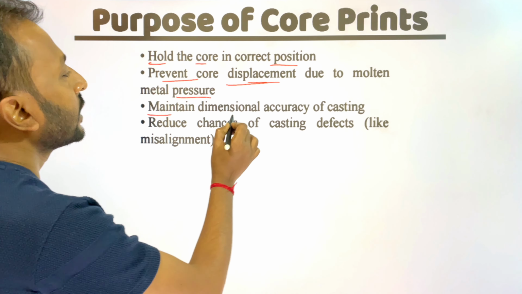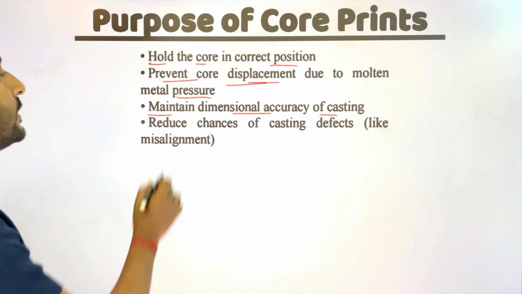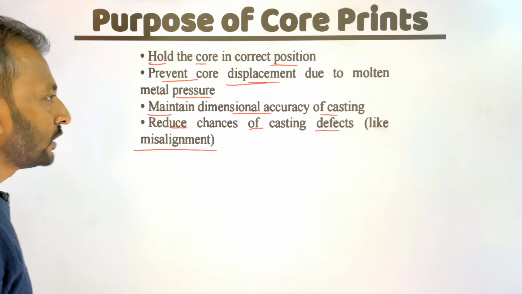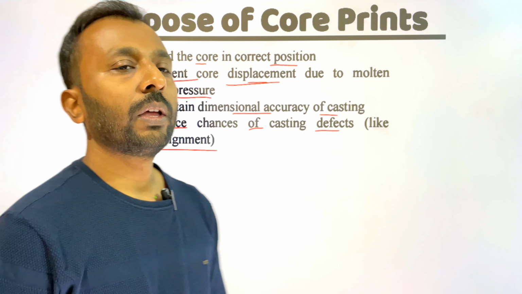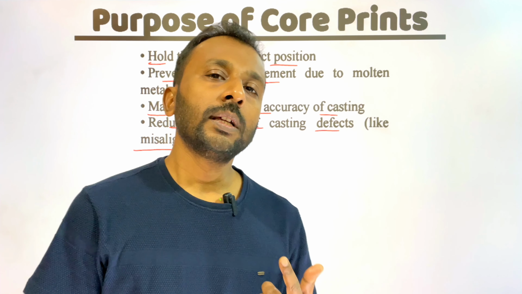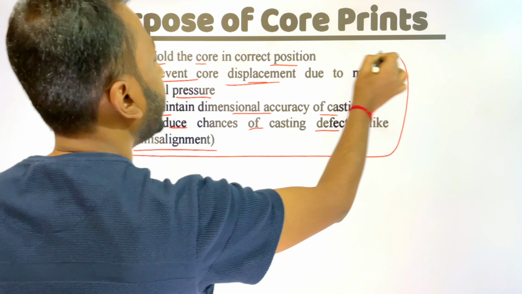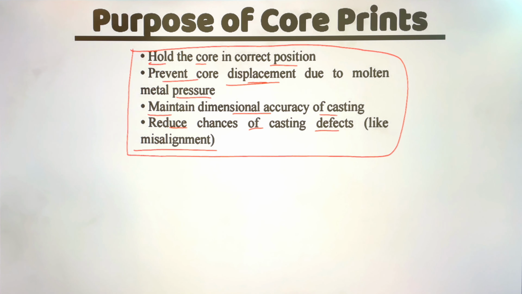Also, they maintain dimensional accuracy of the casting, and reduce the chances of casting defects like misalignment. So when we provide core prints to the mold, they help to create a defect-free casting.